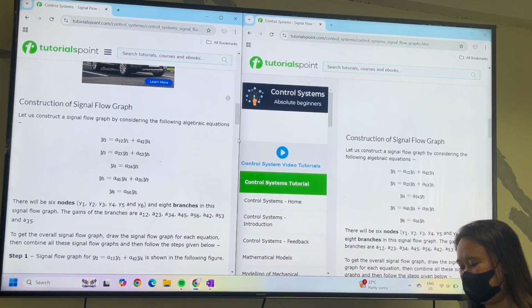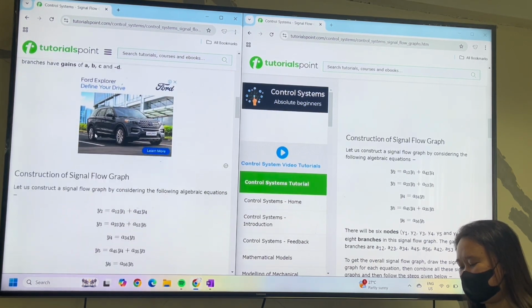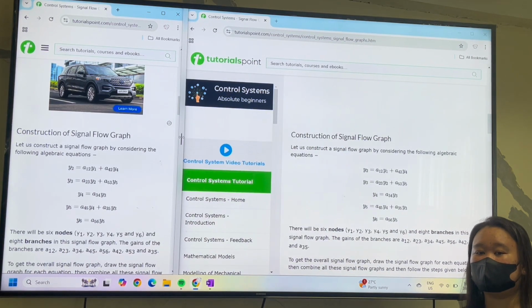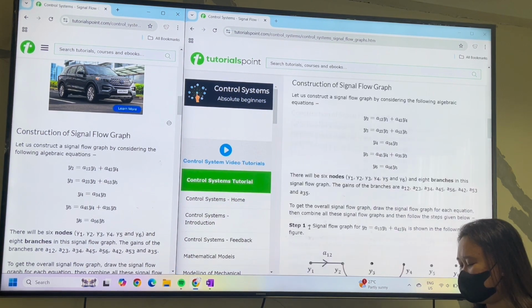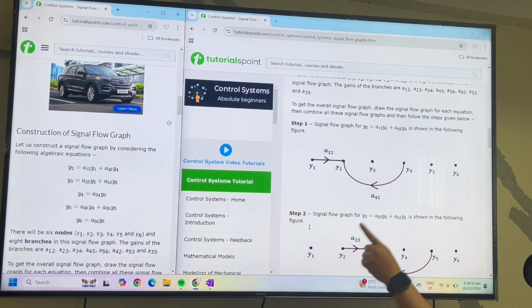Now, for example, we have here an example equation. Given an equation, you will build the signal flow graph. Y2, the output, is equal to A12 Y1 plus A42 Y4.